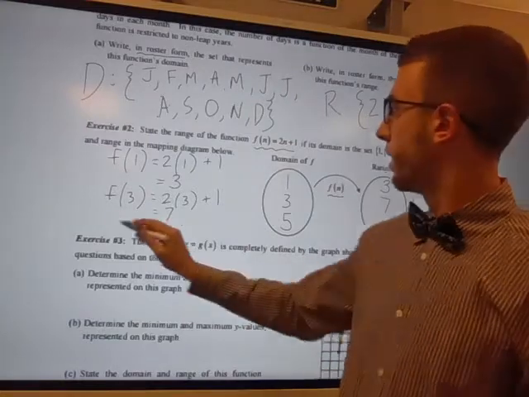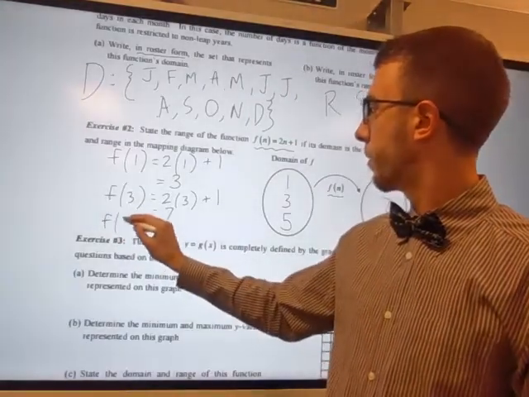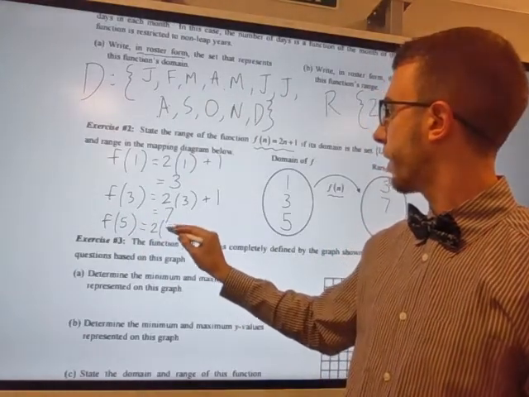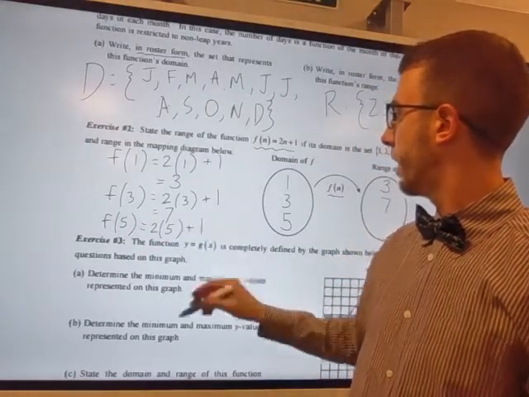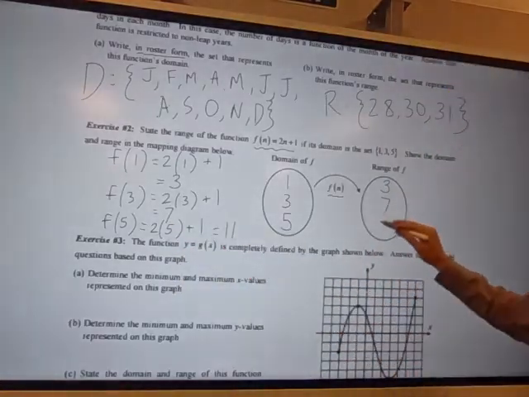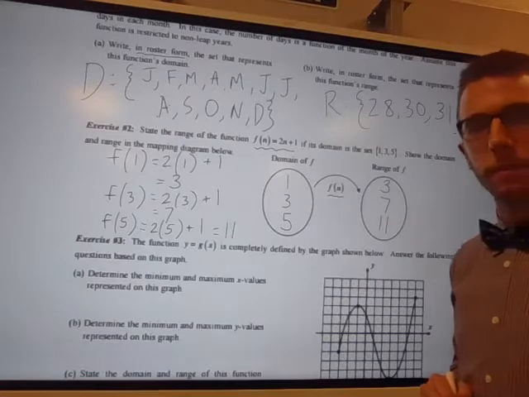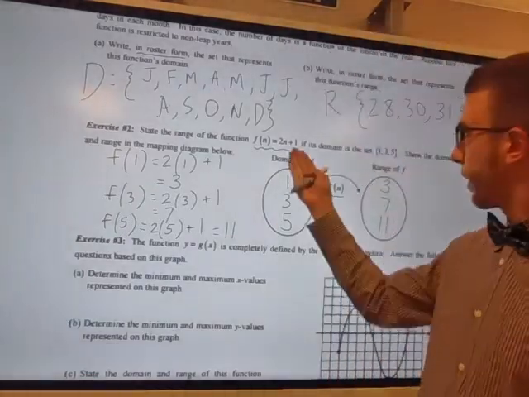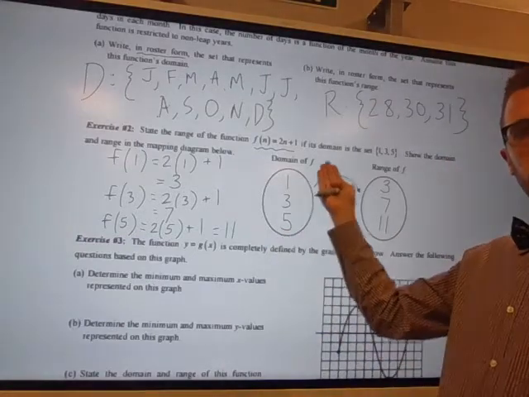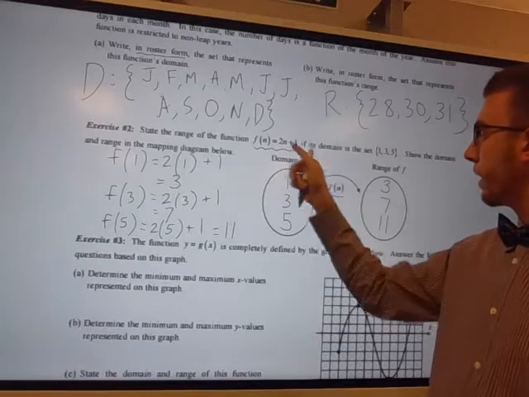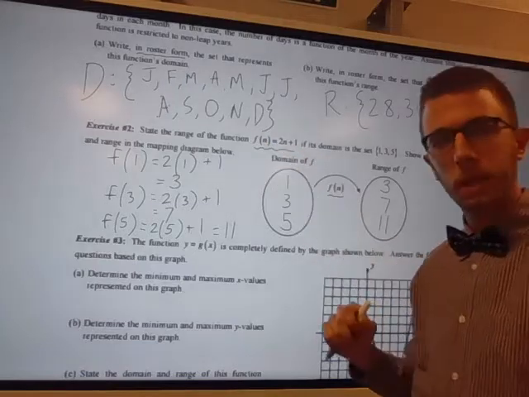And the last one, we are evaluating f of 5. So again, substitute that 5 in. We get 10 plus 1 equals 11. So 11 is the final value of our limited range. Okay? 3 domain values convert very nicely to 3 range values, all according to this function rule.